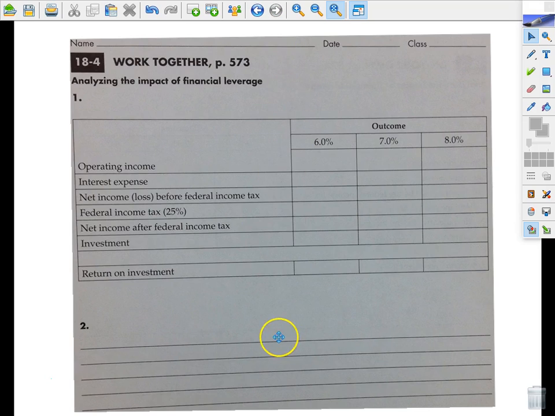So I want to help you with this problem, this work together problem, and talk you through it. And you might want to make some notes on how we got some of these numbers, because you're going to have to turn around and do the same type of thing on your own problem. So 573.